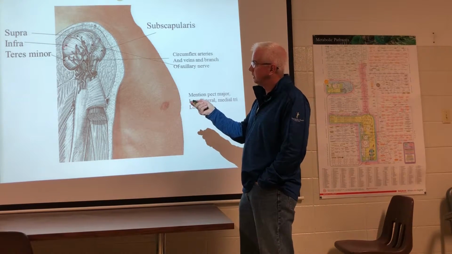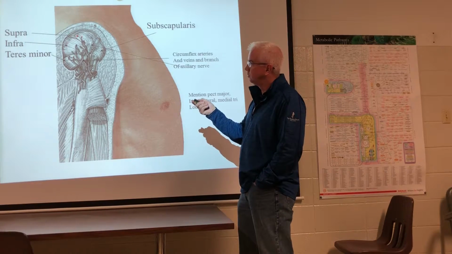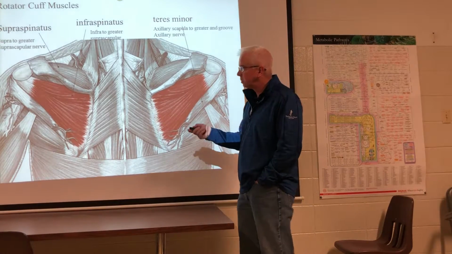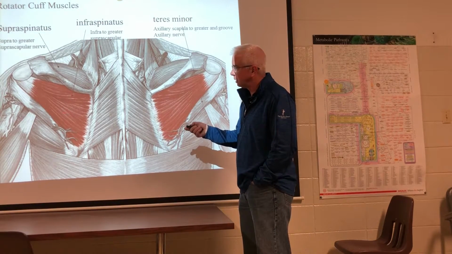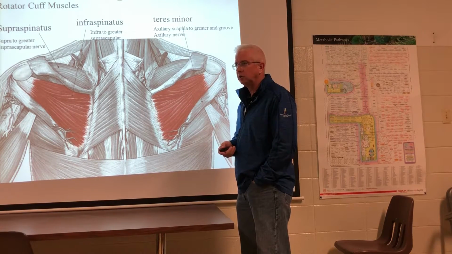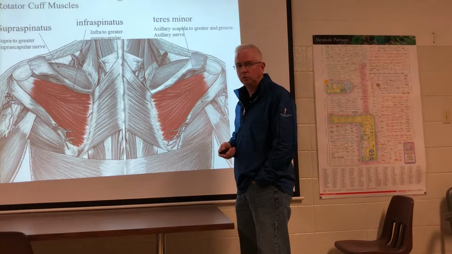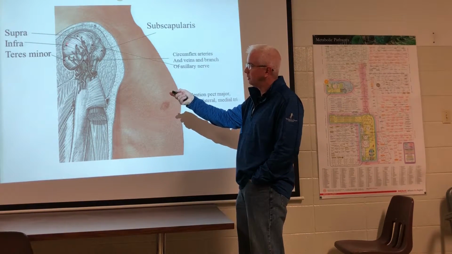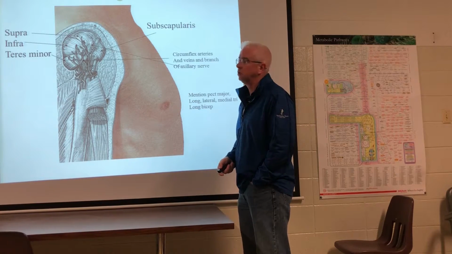The next one down is the infraspinatus, and it's fused in here with the supraspinatus on the greater tubercle. You can see the infraspinatus coming out of the infraspinous fossa, passing across the posterior aspect to attach to the posterior aspect of the greater tubercle of the humerus.